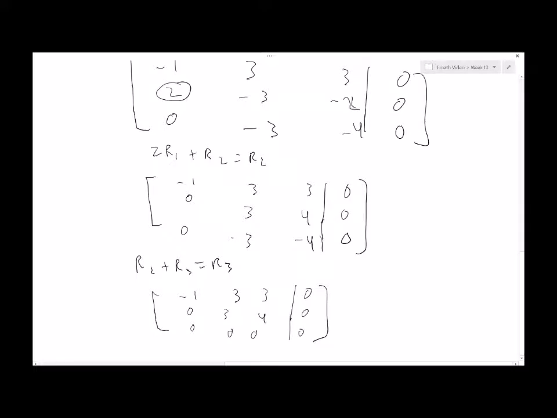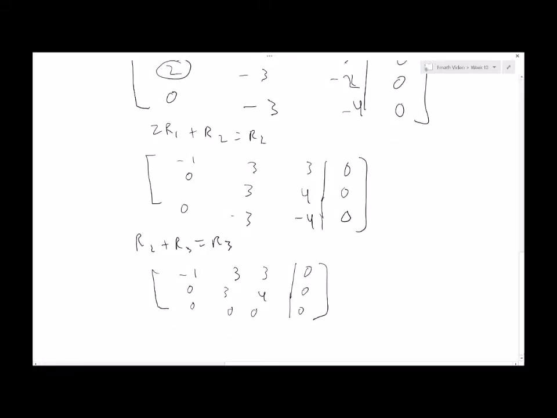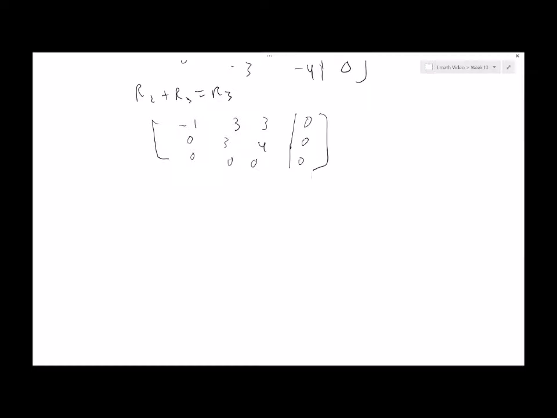So from here, we already get a row of zeros. That's great. So now that means we did something right. Now we can start plugging stuff in. So 3y plus 4z equals 0, or y equals -4/3 z. Z is going to equal an arbitrary value, and in this case I'm just going to set it equal to 3, and that makes y equal to -4.